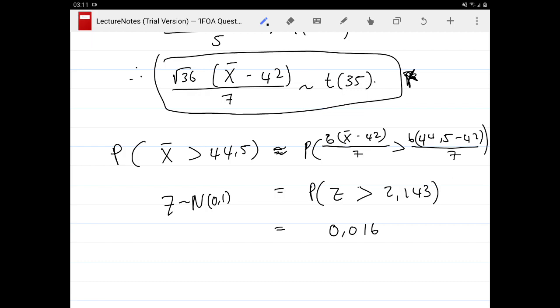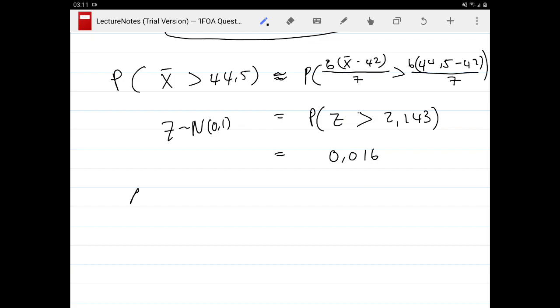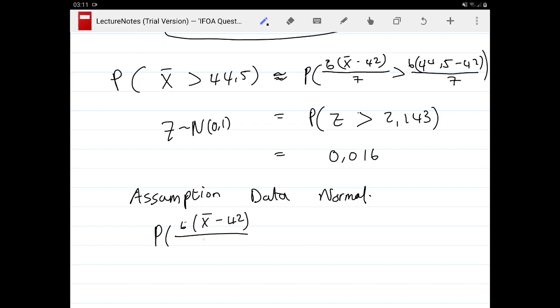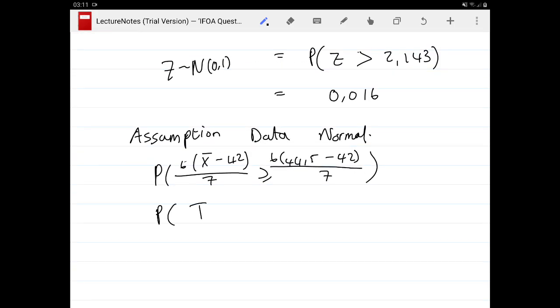Just out of interest, if you use the assumption that your data is normal, then the probability that the square root of 36, which is just equal to 6, multiplied by x bar minus 42 over 7 is greater than or equal to 44.5 minus 42 multiplied by 6 over 7, is the probability that some t is greater than the same value, 2.143, where t has a t distribution with 35 degrees of freedom.